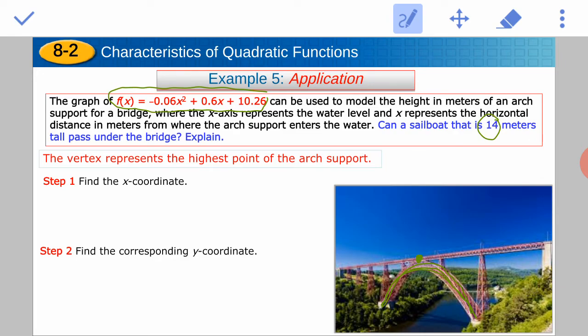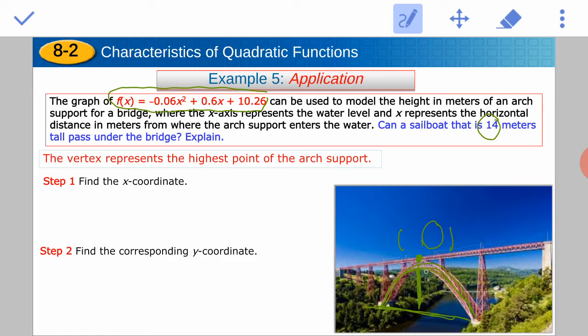If you look at this parabola, this is a downward parabola and the vertex is a maximum point. So if you can find the coordinates of this vertex, the y coordinate represents the maximum height of this arch support. So you can figure out what is the maximum height of this bridge, and you can determine whether this 14 meters sailboat passes under this bridge or not.